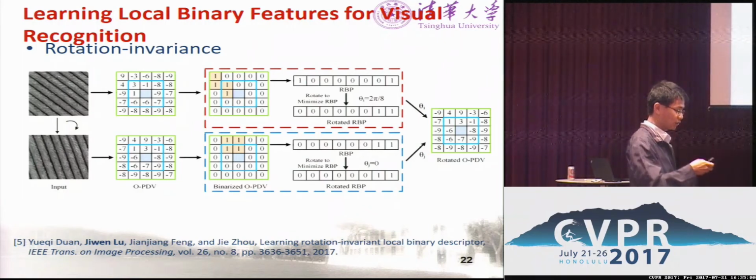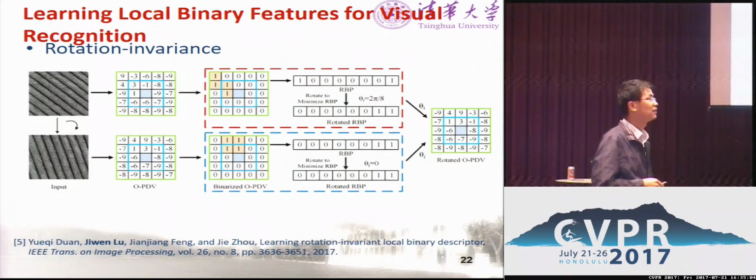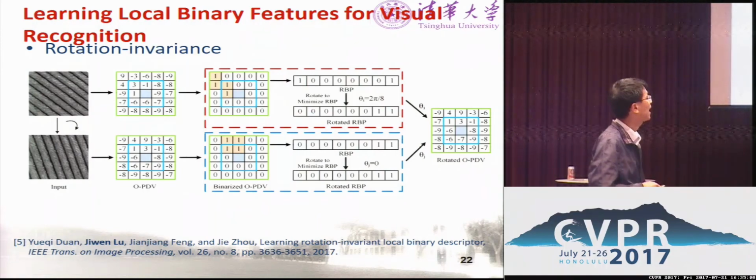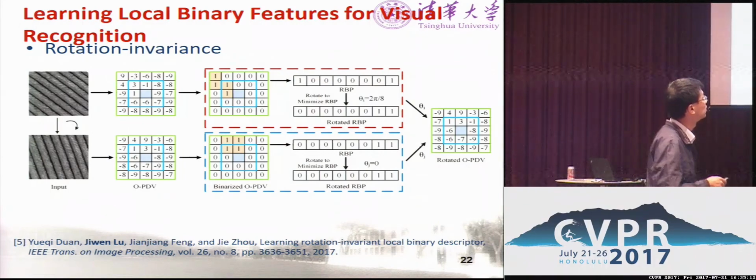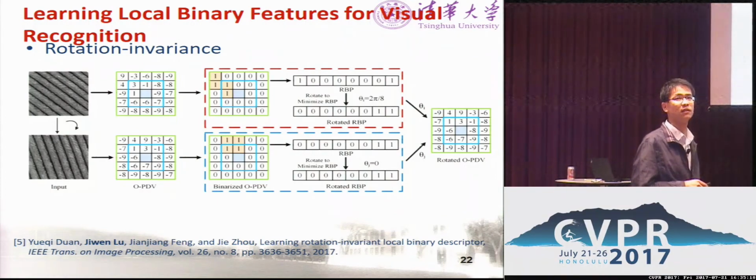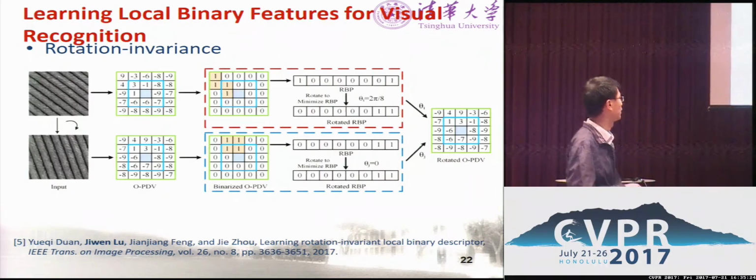The second one is theta, the rotation. That is to say, we want to automatically learn the W projection and the rotation parameters together, which can make the learned binary feature descriptor not only discriminative but also rotation invariant. So in this case, we propose a method of learning a rotation invariant local binary descriptor.